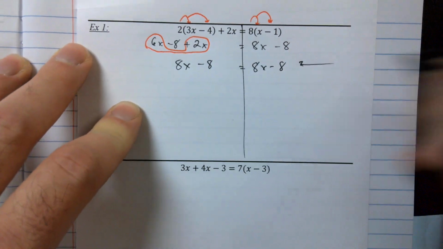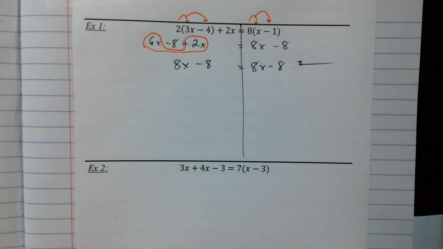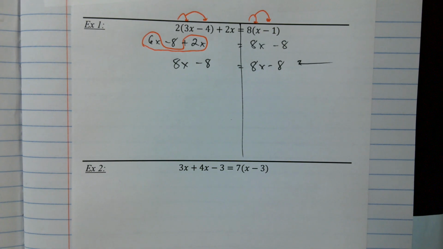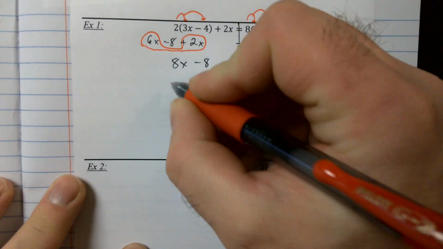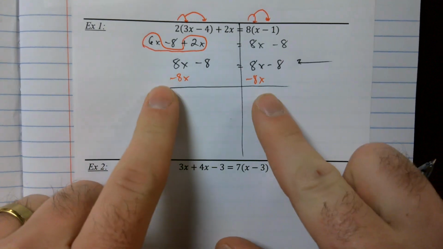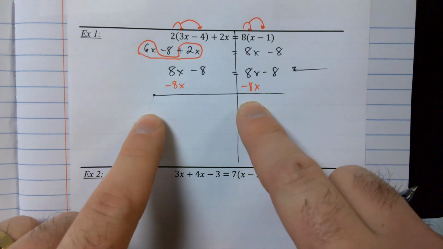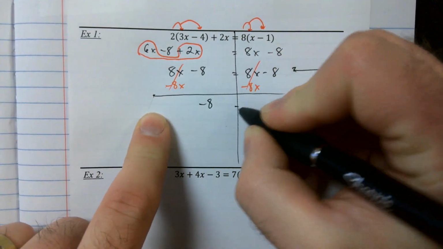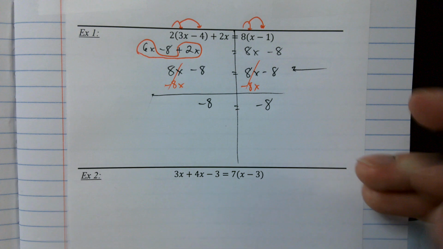And look at this, I can already tell what my answer is going to be because I've got the same expression on the left that I have on the right. What we're going to do now is subtract that variable term over. Minus 8x, minus 8x. And just like we saw before, all my 8x's cancel out, leaving me with negative 8 equals negative 8.